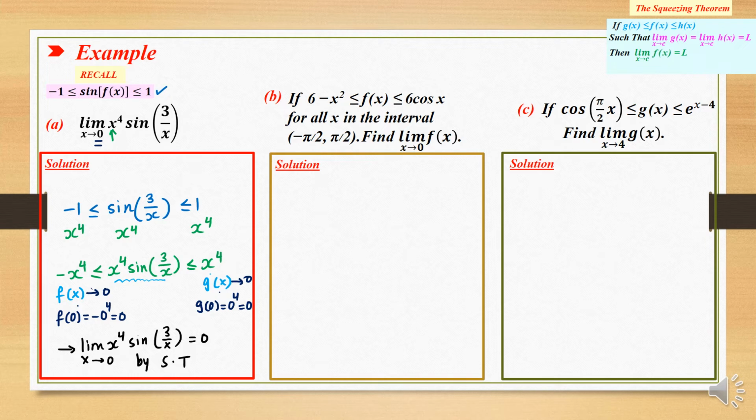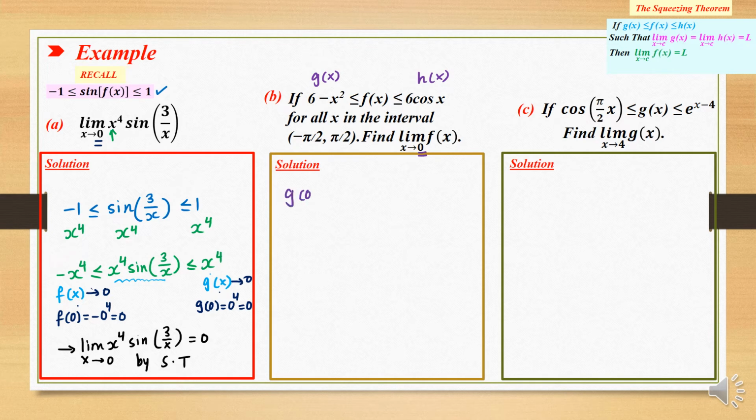we have the function f of x is between 6 minus x squared and 6 cosine x. So let's say that 6 minus x squared is g of x, and 6 cosine x is h of x, and you have to find the limit of f of x when x goes to 0. So firstly, using the squeeze theorem, you have to plug in 0 in the two functions.